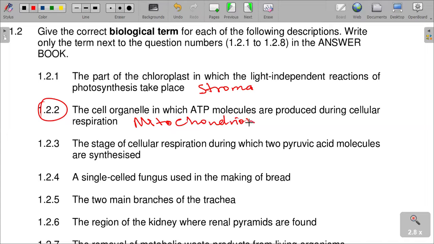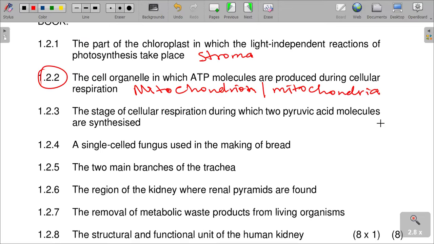We can say the mitochondrion or the mitochondria, it is the same thing. It is the organelle in which energy molecules are produced during cellular respiration.